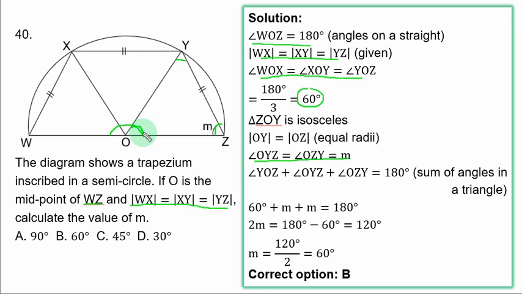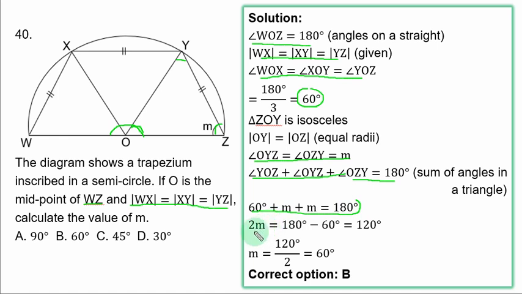So if you add the three angles, the sum is 180 degrees. So in triangle ZOY, if you add the three angles, the sum is equal to 180 degrees. So you have 60 degrees plus M equal to 180 degrees.